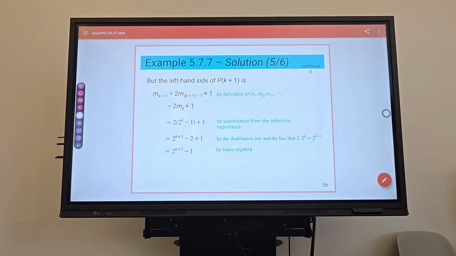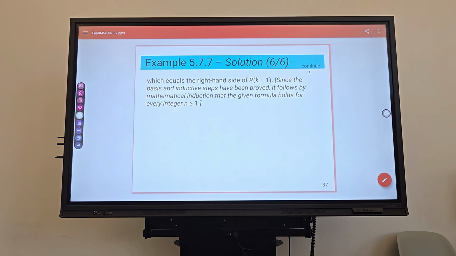But the left-hand side of P of k plus 1 is this, which is, by the definition of the sequence and substitution from the inductive hypothesis, distributive law, and basic algebra, you get 2 to the k plus 1 minus 1, which equals the right-hand side of the equation.